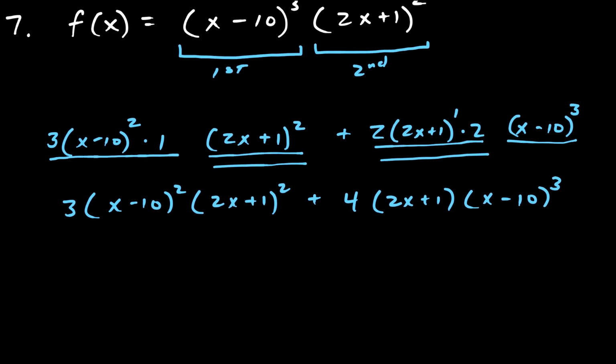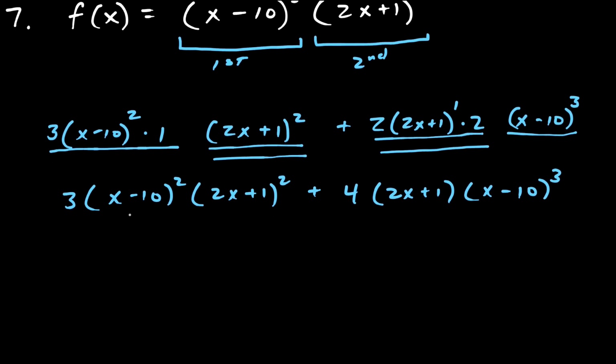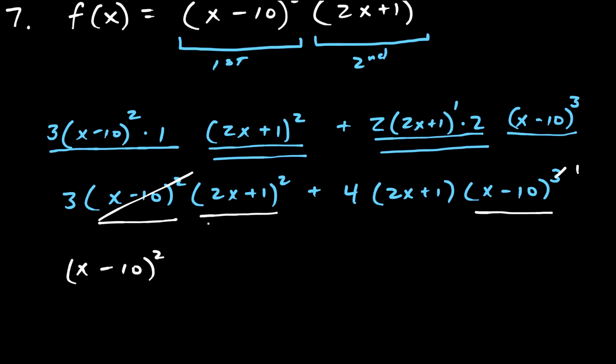Now this can be simplified, and it probably would be. So things I want you to notice is we have an x minus 10 squared, and we have an x minus 10 cubed. So that can be factored out. We can factor out the squared, so that term will be gone, and that will be reduced to a first power. So let's write that down, x minus 10 squared. Also, we have 2x plus 1 squared, and here we have 2x plus 1.